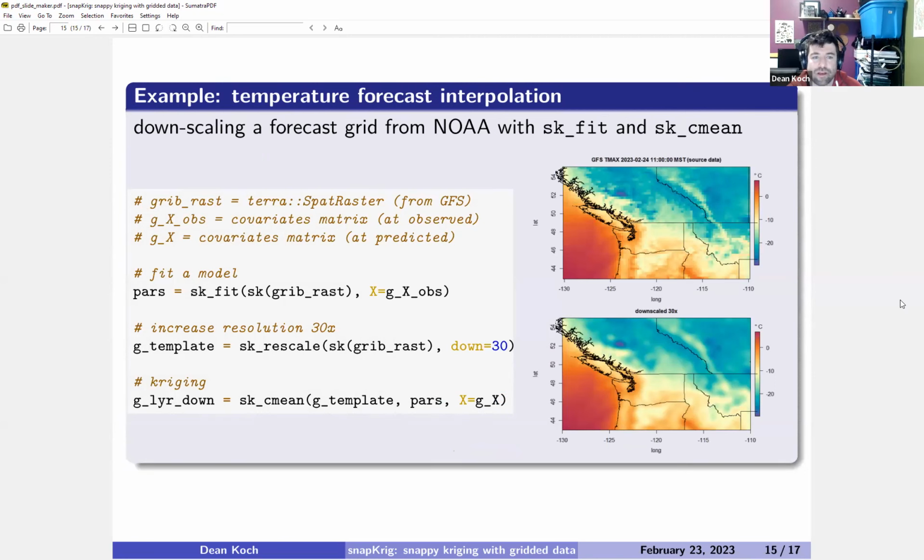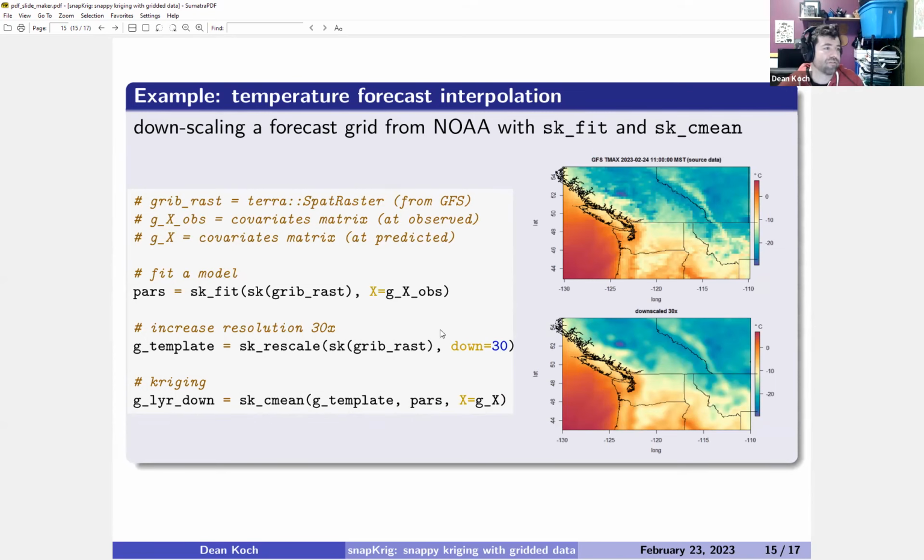So I haven't actually run this code in my R Markdown file that made the presentation because it's a little bit slow and there's some data preparation involved, which I've completely glossed over. But all you need to know about this is that grib_rast is a SpatRaster from the terra package.